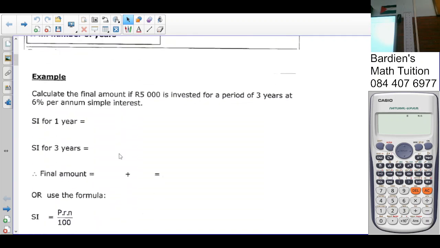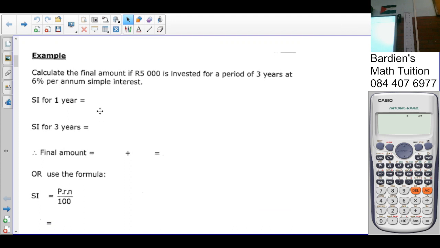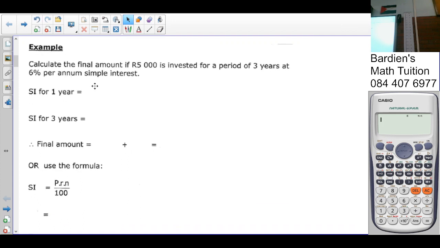Okay. Example. It says calculate the final amount if 5,000 rand is invested for a period of 3 years at 6% per annum simple interest. Okay. So your SI is your simple interest for 1 year. Alright. So at this point, we're going to use your simple interest formula.